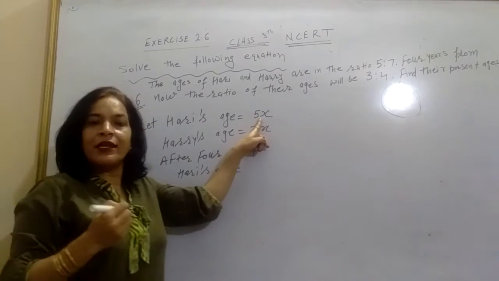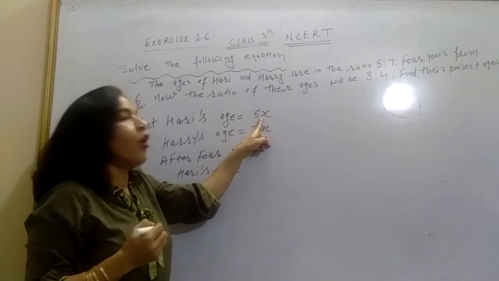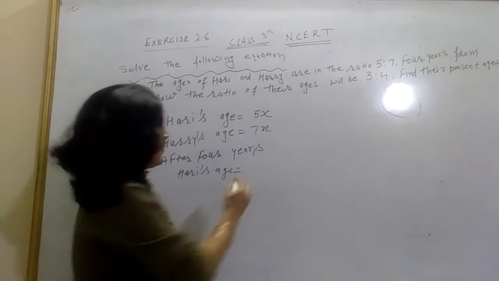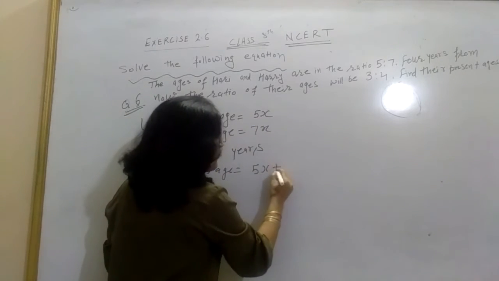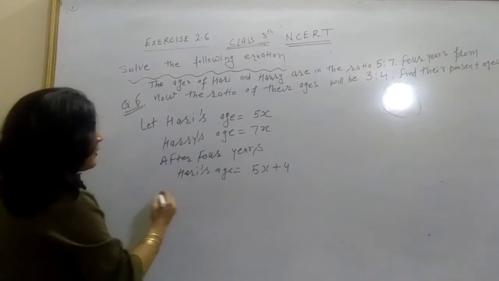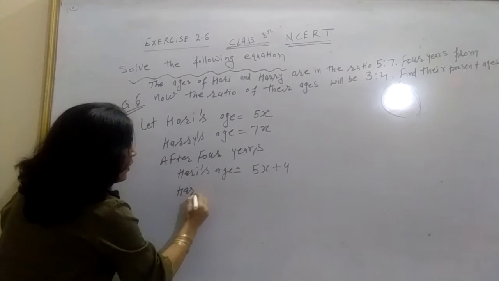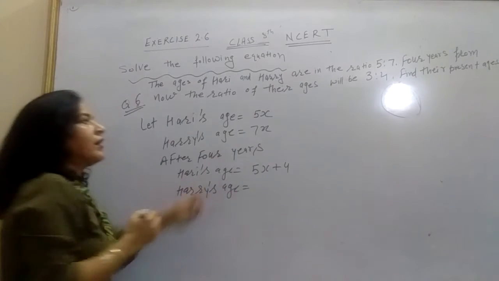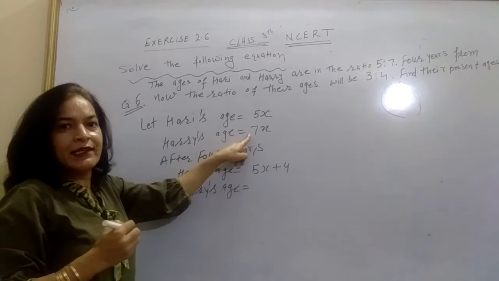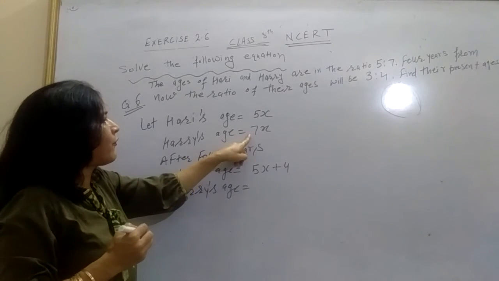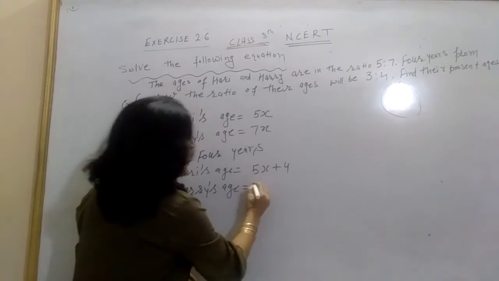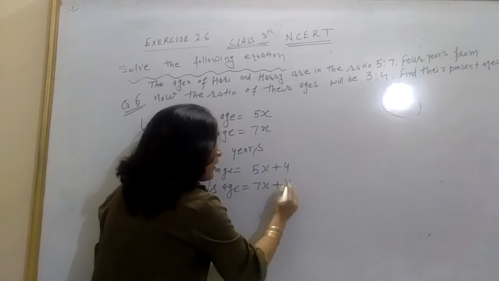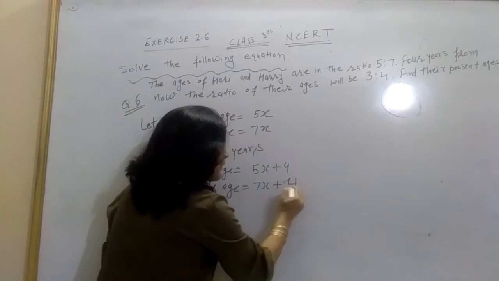Hari is now 5x years old. Then how old will he be after 4 years? 5x plus 4 years old. And now how old will Harry be after 4 years? Harry now is 7x years old. Then after 4 years he will be 7x plus 4 years old.